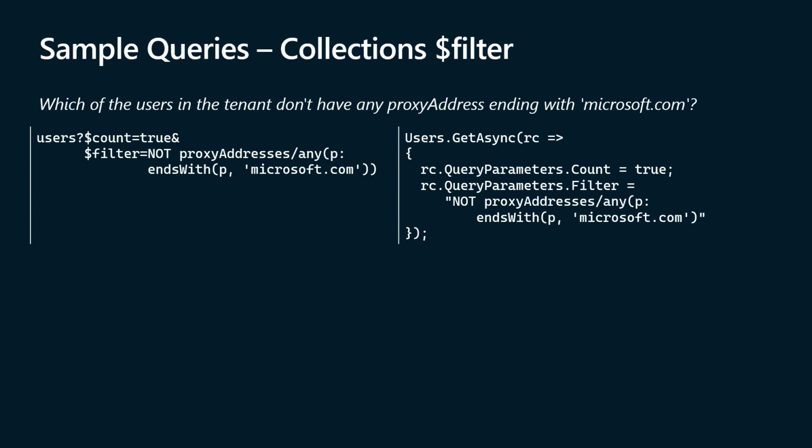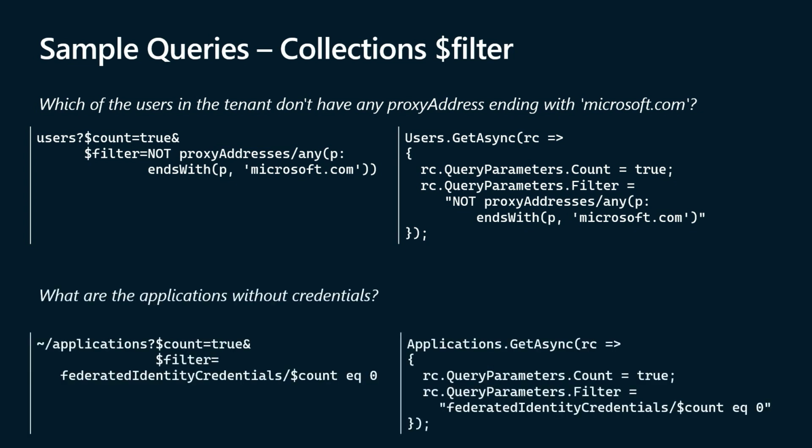Not and any are supported with advanced queries, so if you need that in your query, remember to add the parameters. And we also support filtering on the count of a collection. For now, the filter on the count lets you select only equal 0 or equal 1, because we believe that it will cover most scenarios. And of course, you can also do not equal 0 to filter the non-empty collections.